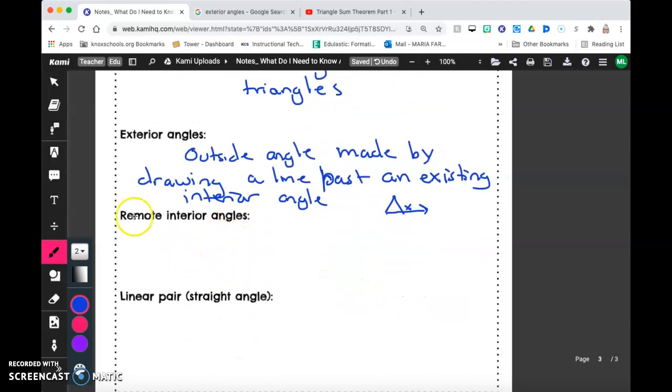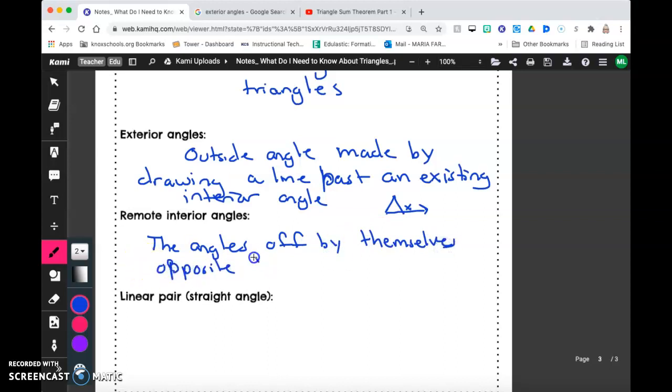Remote interior angles are the angles off by themselves, opposite from the exterior angle.